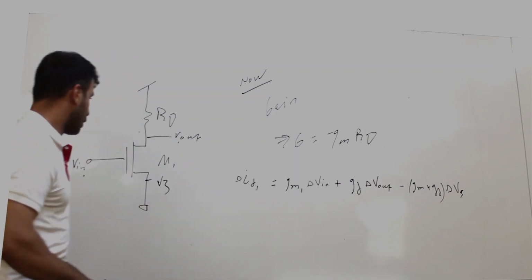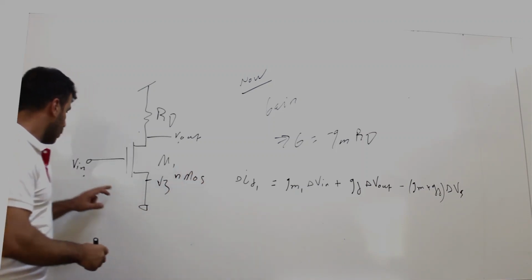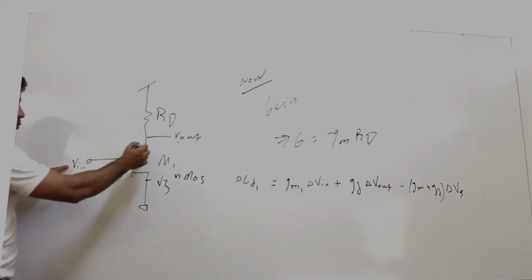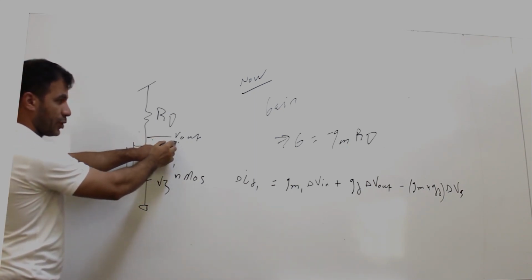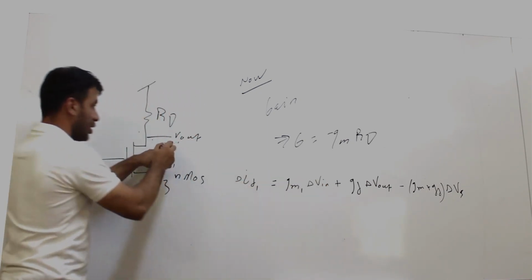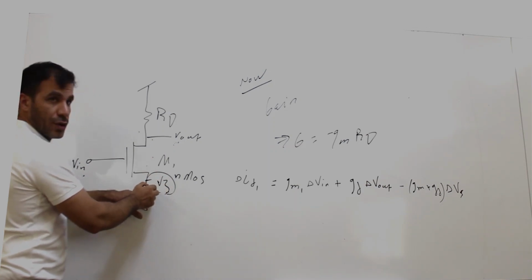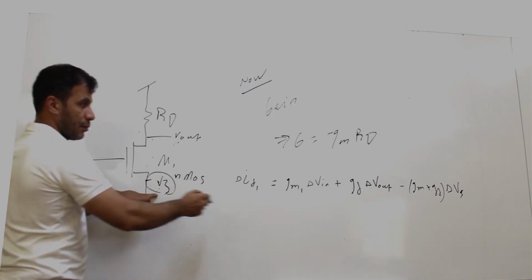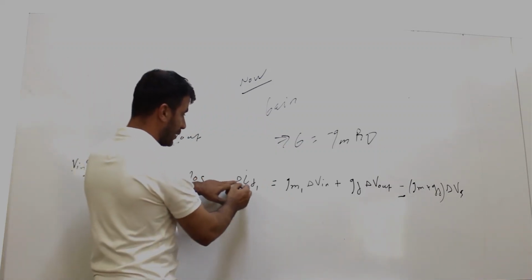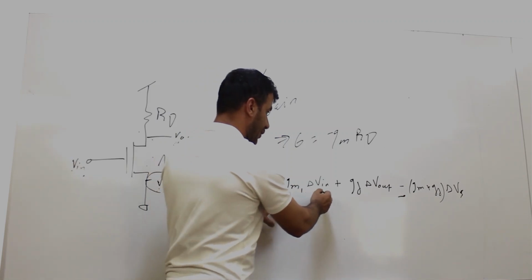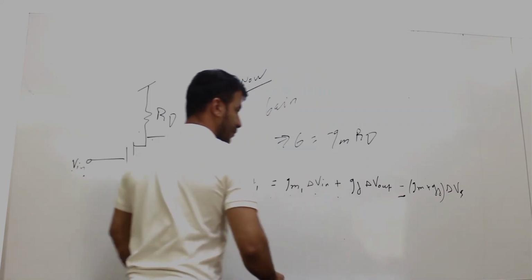As we said before, in a MOSFET, small changing in Vn causes small changing in the current ID. Small changing in V output causes GB small changing in ID, but small changing in the source voltage causes the inverse, minus, small changing in ID. So I have delta ID1 equals GM1 delta Vn plus GB V output minus (GM plus GB) delta Vs.